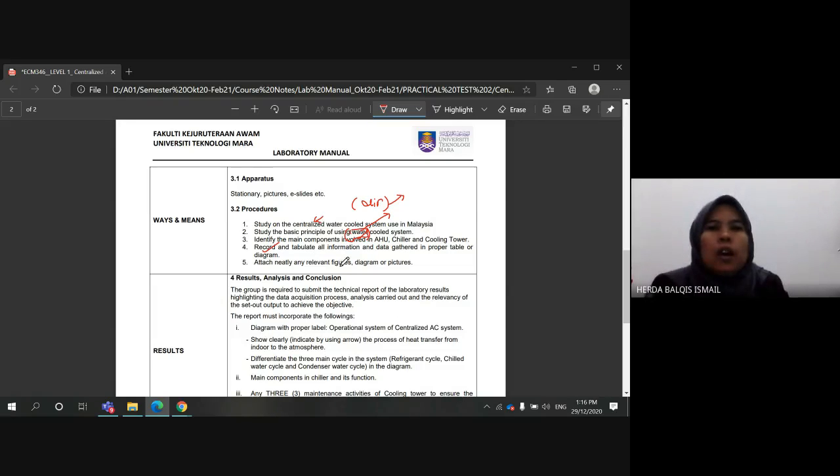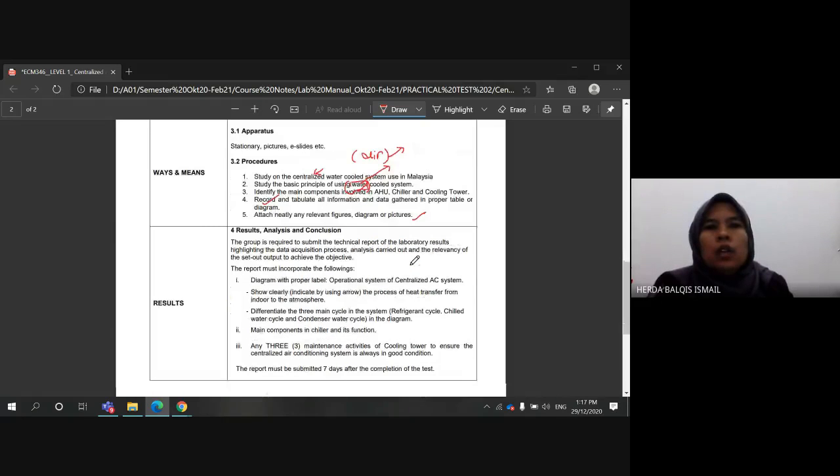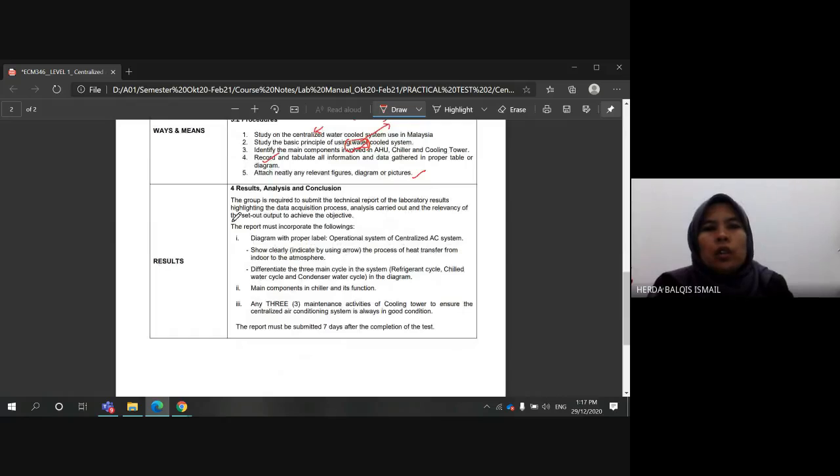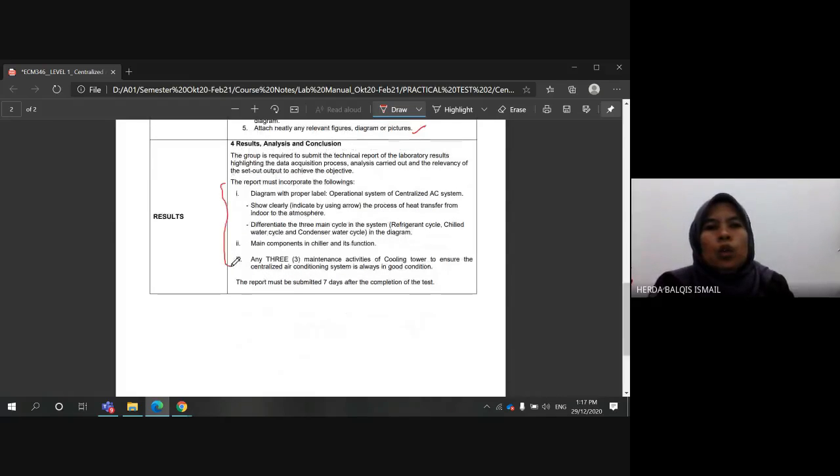If you need to attach any figures, diagrams or pictures, make sure your attachment is clean and clear. For the result analysis and conclusion, these are the data that you need to include.